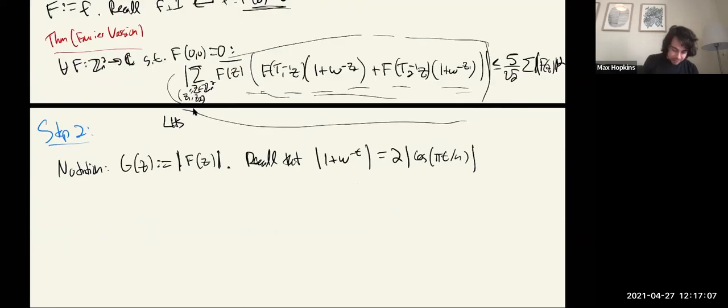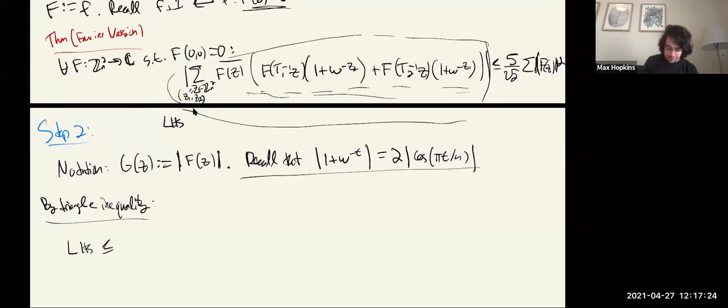I claim that by the triangle inequality, the left-hand side is less than or equal to the following, just applying the triangle inequality plus this useful relation.